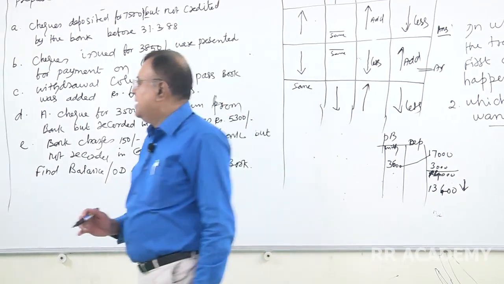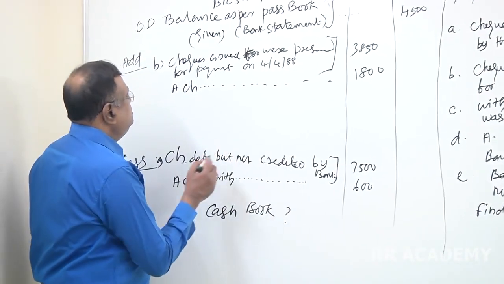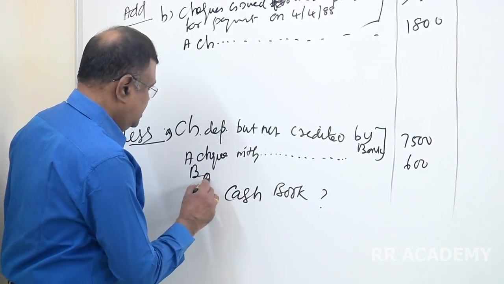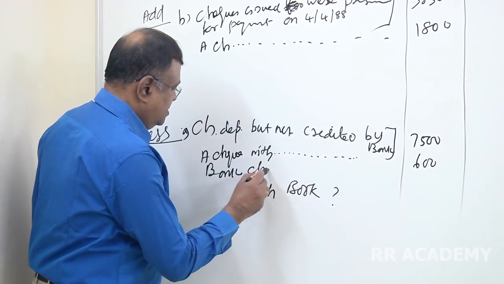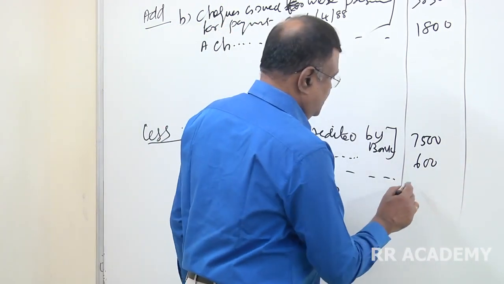Now it is overdraft. Less. That is bank charges. Fully you should write, friends. Bank charges 150.